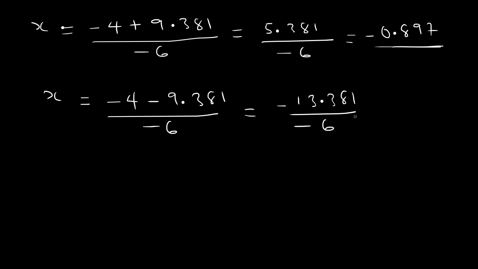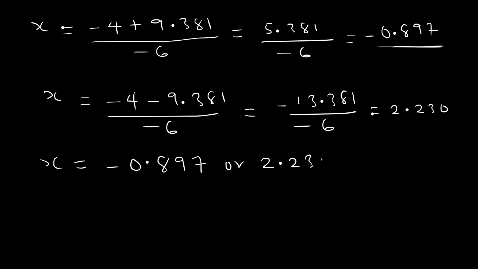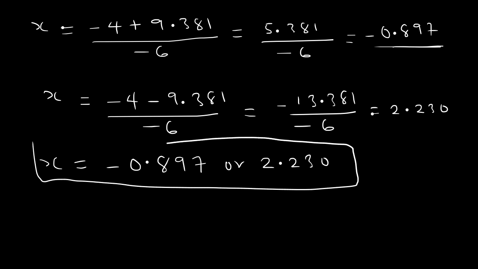Minus will cancel minus, and we'll have positive. So 13.381 divided by 6 will be equal to 2.230. So our answer will say x is equal to minus 0.897 or 2.230 to 3 decimal places. So this becomes our answer.